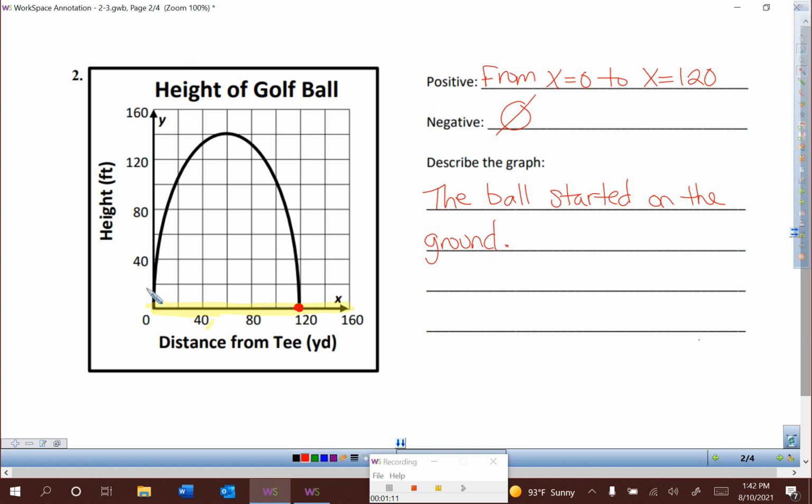Okay, and then after it was hit, it got up to approximately 140 feet. So that was the highest point. So there's my second sentence. After it was hit, it got up to approximately 140 feet high.